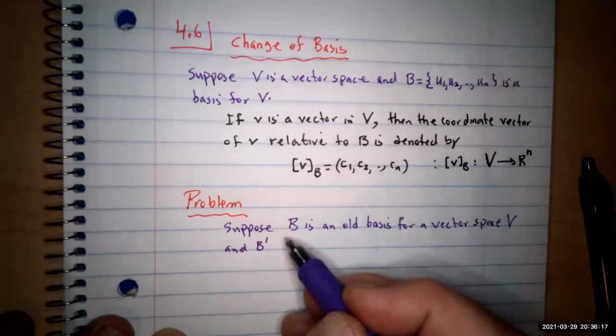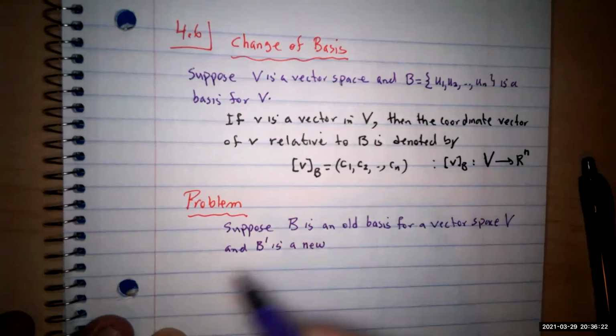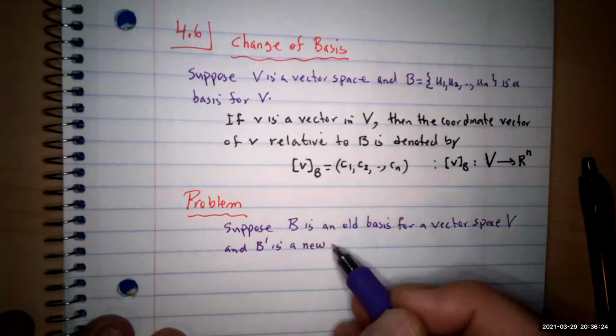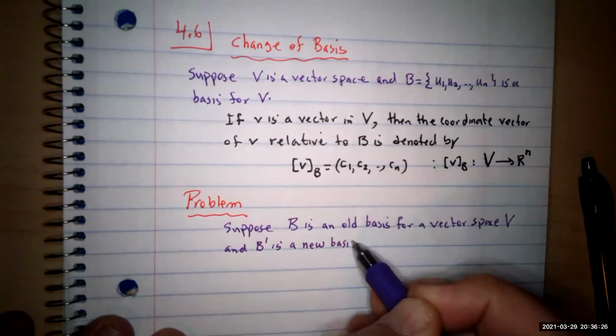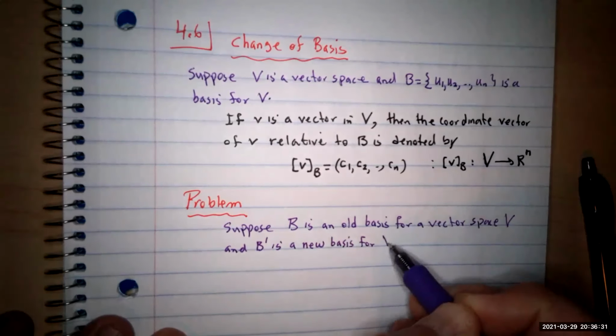We call them old and new so we can connect them, a new basis for the vector space.